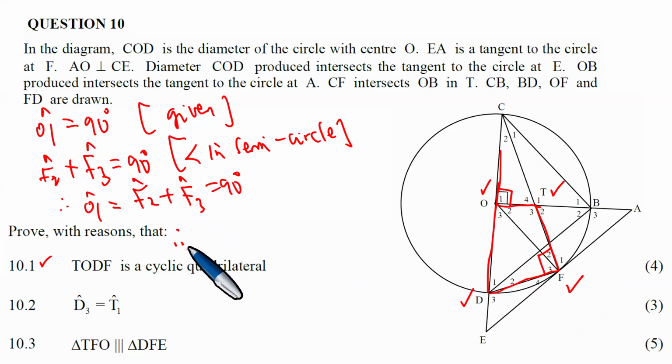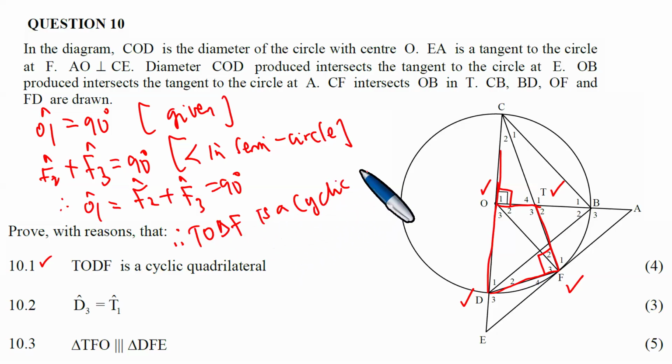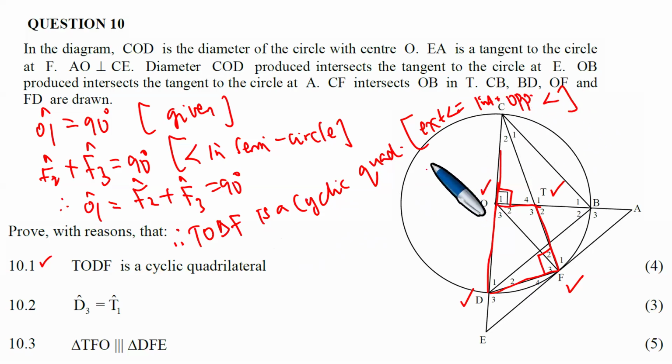As a conclusion, TODF is a cyclic quadrilateral. The reason is that the exterior angle equals the interior opposite angle.